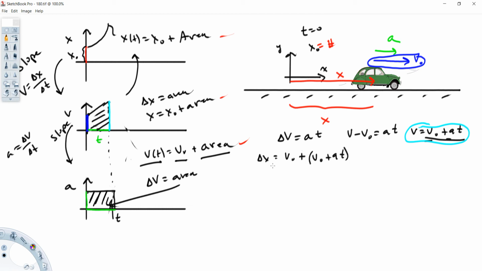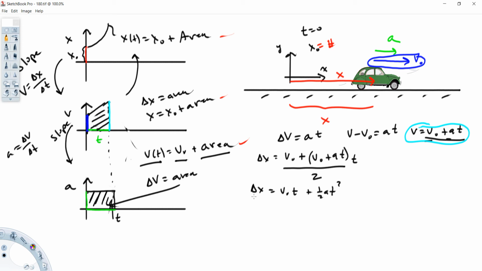I'm going to put that in parentheses because it's left plus right divided by 2. And then times the width, t. And it's pretty easy to go through and distribute this and simplify. This ends up equaling v initial times t plus 1/2 at squared.